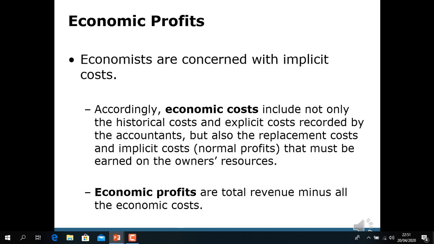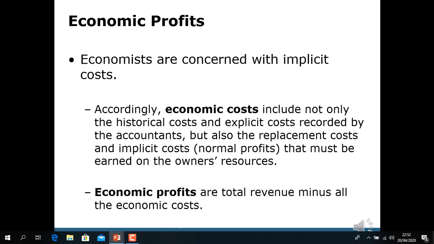Economic profit is the difference between total monetary revenue and total cost, as I said before in the previous slide. But total cost here includes both explicit and implicit costs. Economic profit includes the opportunity cost associated with production, and it is therefore lower than accounting profit.